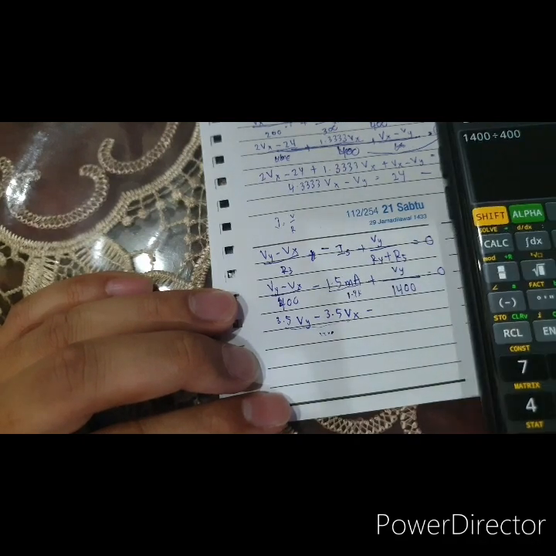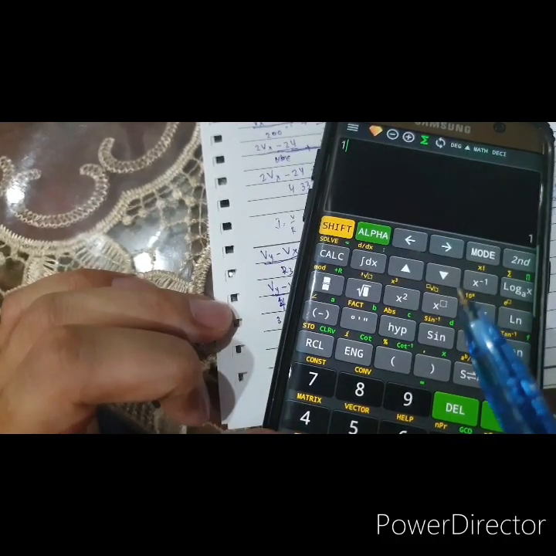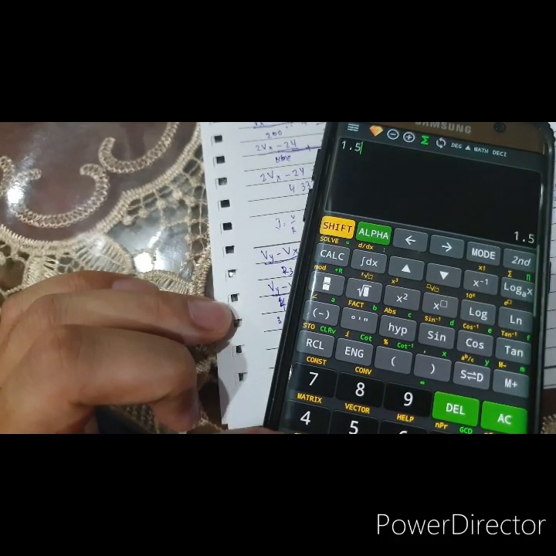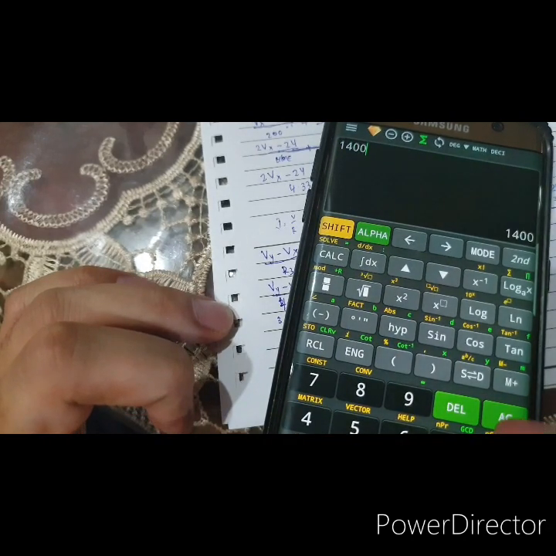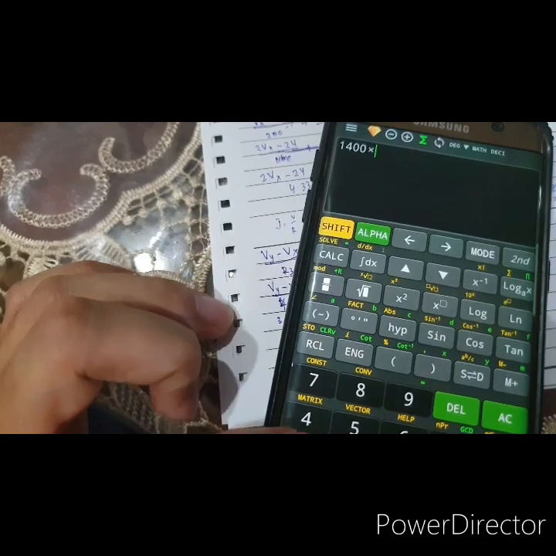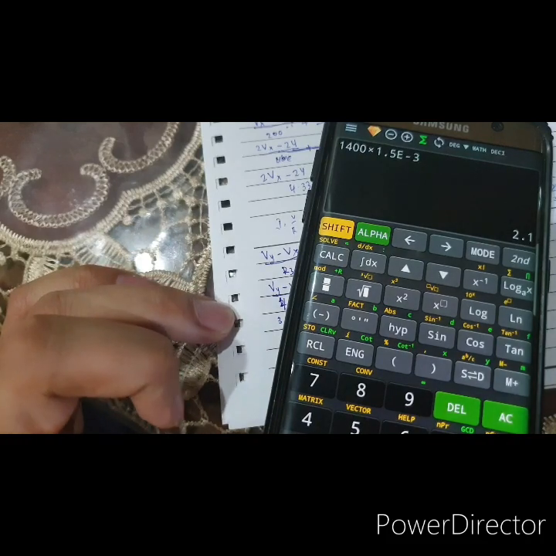So kita akan dapat 1.5, kalikan dengan 1.5 mili. Okay, so kita akan dapat 2.1.